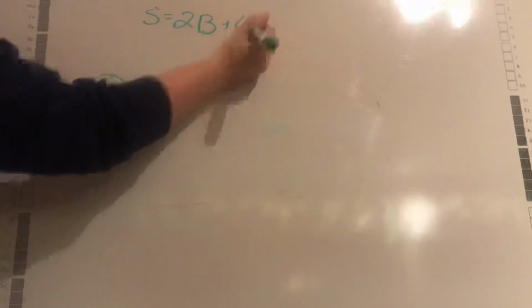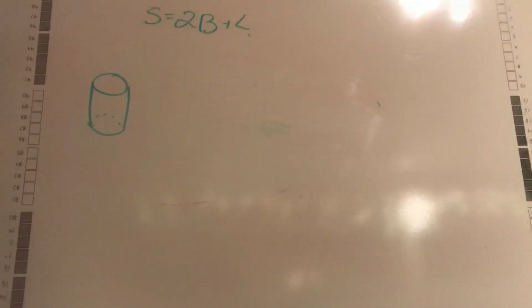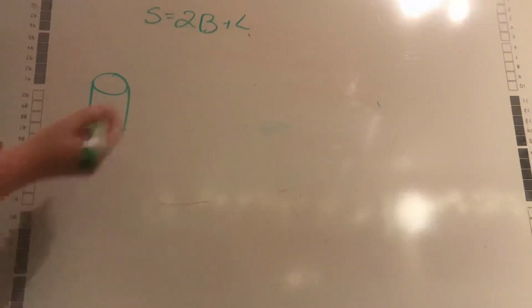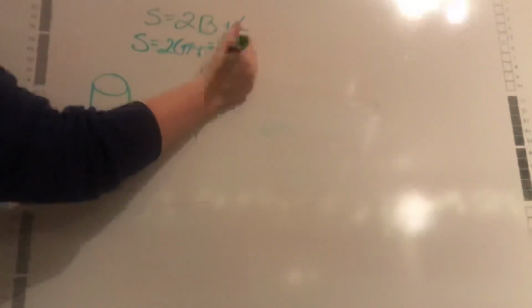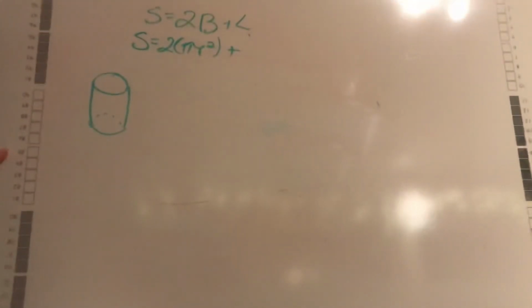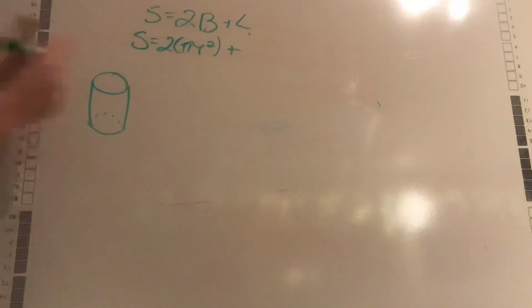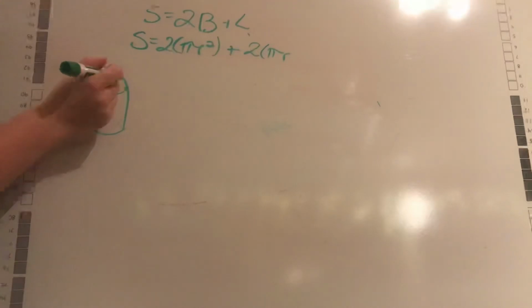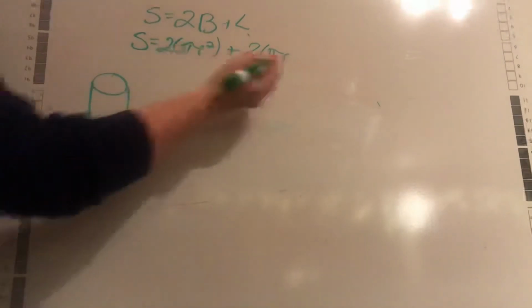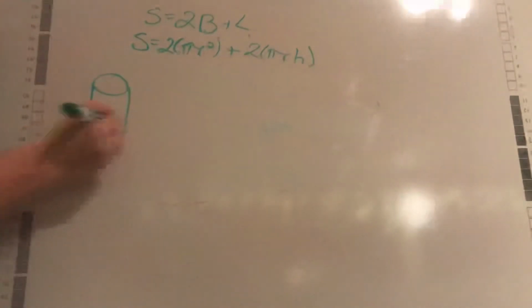It's still going to be S equals 2B plus L, but now the base is the area of a circle, so S equals 2 times pi r squared plus L, which is 2 times pi r, because that's the circumference, right? That's our perimeter, and then our height, h.